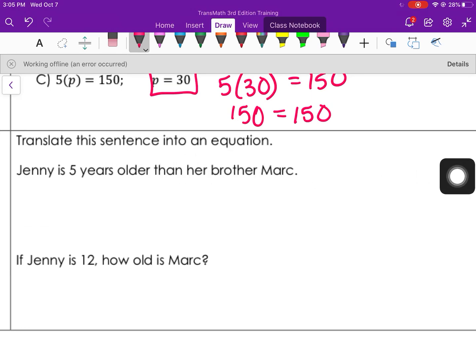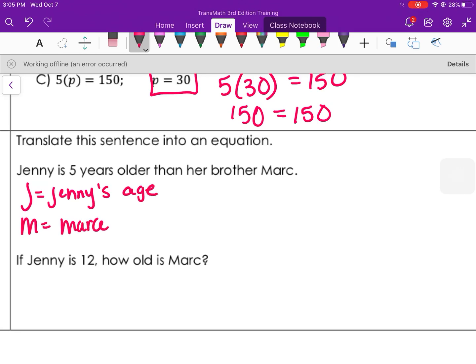Translate this sentence into an equation and then we're going to solve it. Jenny is 5 years older than her brother Mark. If we let J equal Jenny's age and M equal Mark's age, then Jenny is 5 years older than Mark. So Mark's age plus 5, because Jenny is older than Mark by 5 years.